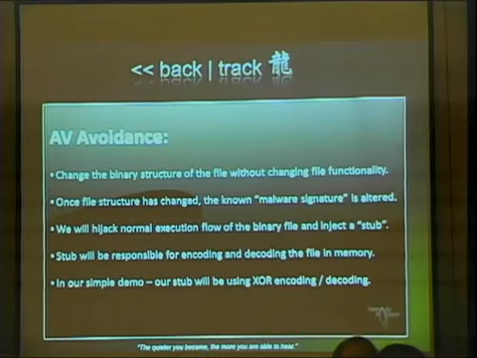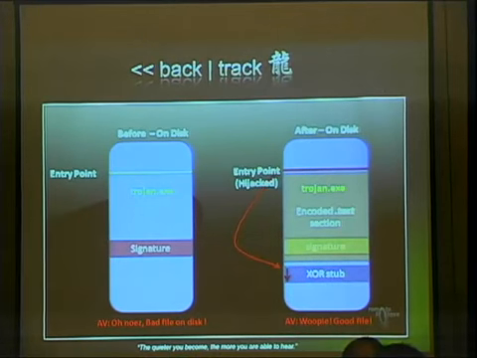Alrighty, so let's see what we've got here. This is a graphical explanation of what I'll be trying to do. I always find it easier to understand things in pictures. If this is our malware, and this is the part in the file where the signature is, and the antivirus gets ticked off by that, then what we want to do is change the entry point of the file to some other place, have our stub there, have it encode that whole section, and then we freeze the file.